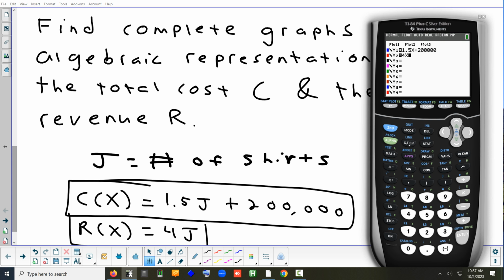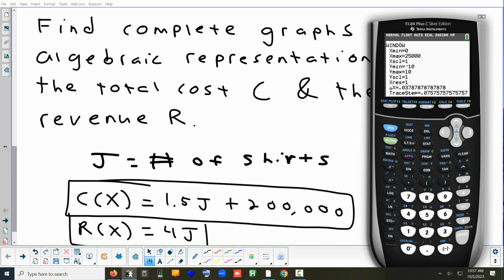All right, let's think a little bit about the window. X is the number of shirts that are sold. Could we sell negative 10 shirts? No. What's the smallest number of shirts we could sell? 0. Maybe they just don't sell any. Now, the most number of shirts they sell, we don't know. We could just pick a number. Say they maybe sell up to 25,000.